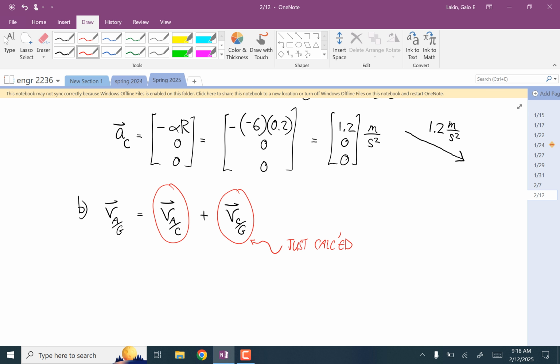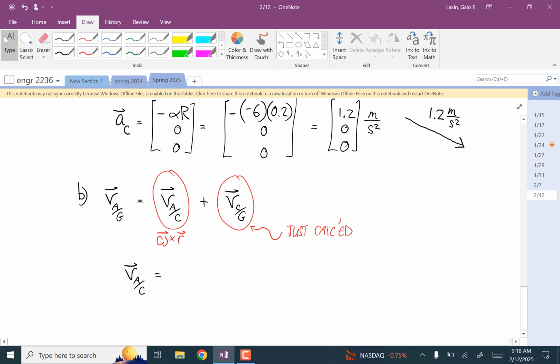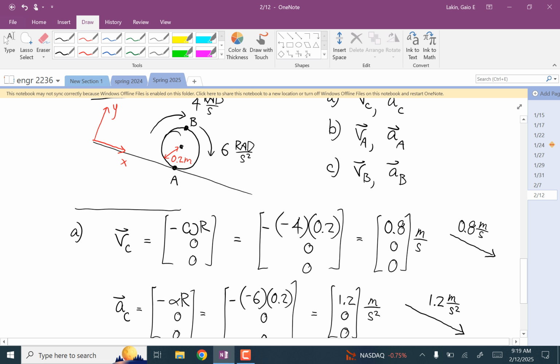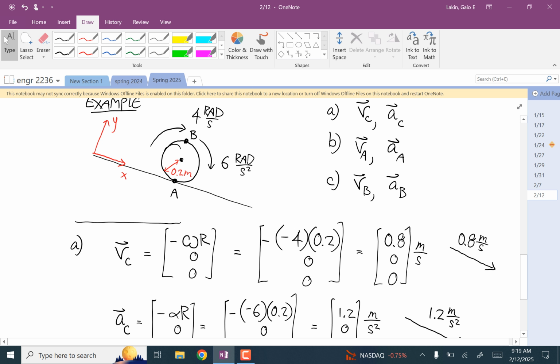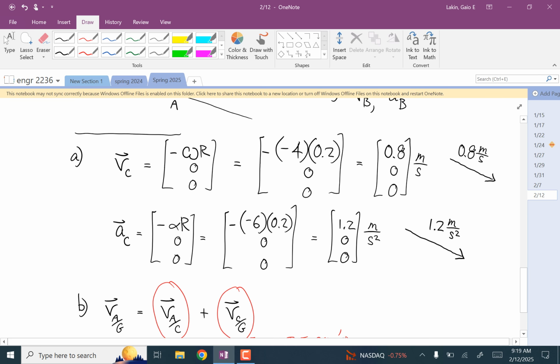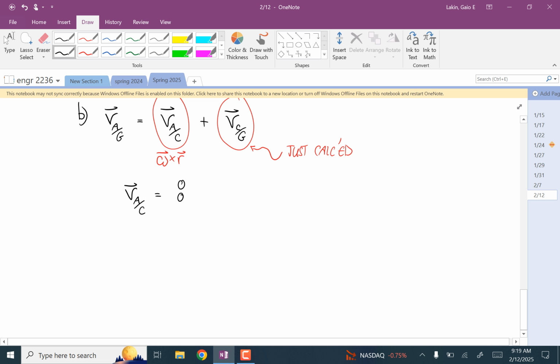So this, we're just going to use our equation for velocity in circular motion that says omega cross r. So the velocity of A relative to the center is, what's our omega as a vector? It's -4, and in what component? Z, right. So this is 0, 0, -4.